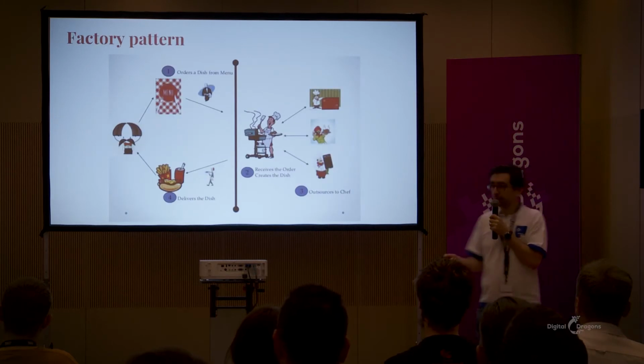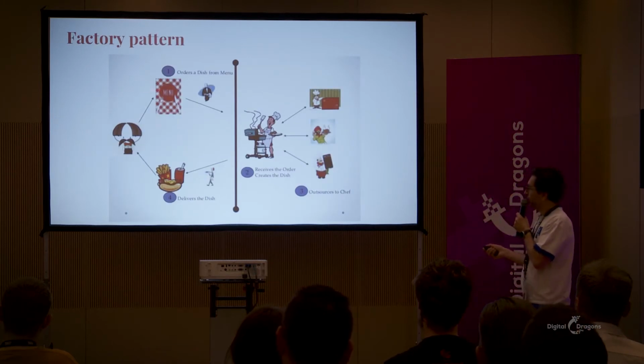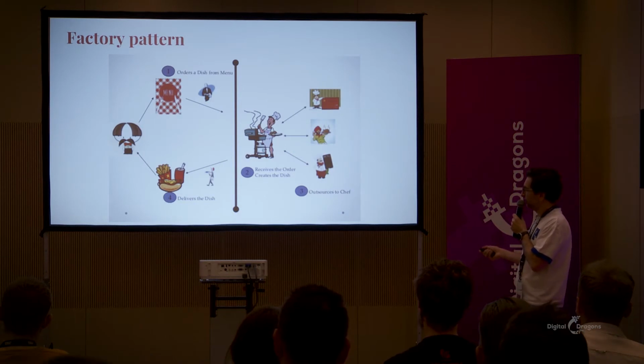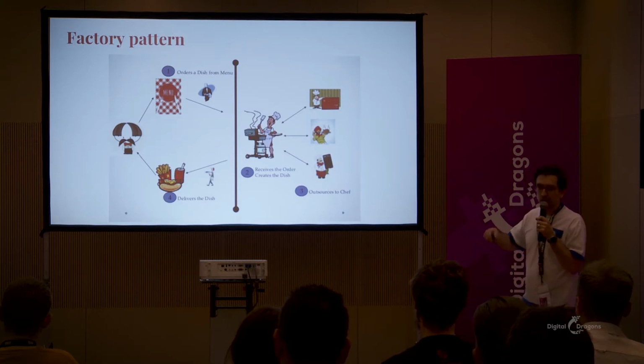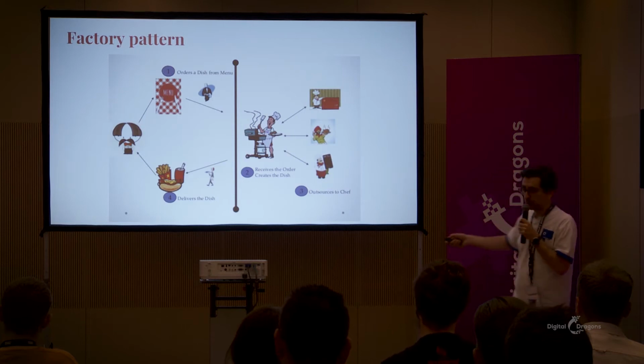The next design pattern is the factory pattern, and this means that the classes that are inside of our game are asking a factory to provide some of the functionality that we are going to use inside our game.